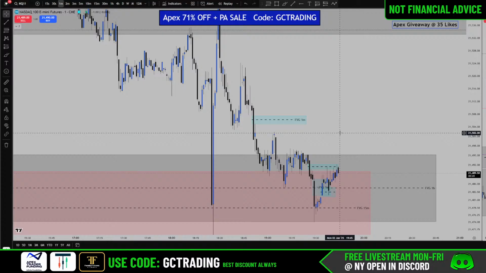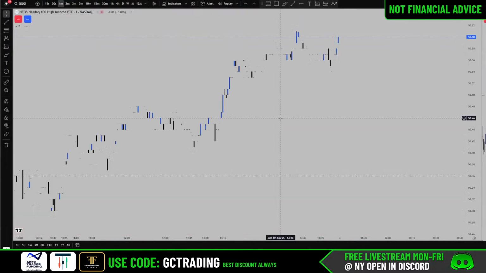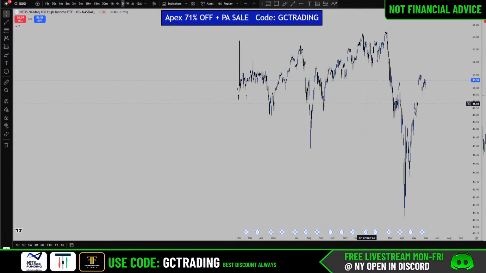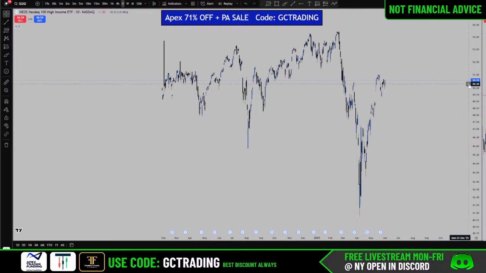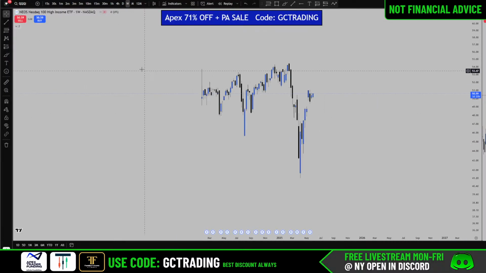Yo, have you guys heard of this? QQQI? It's pretty new. It's very new, as you can see. It's supposed to follow the NASDAQ. It's an ETF, of course, but it pays over 14% dividends a year.